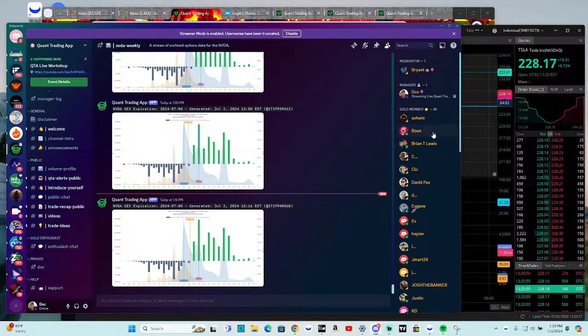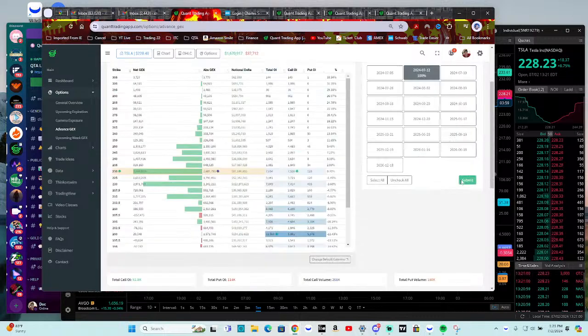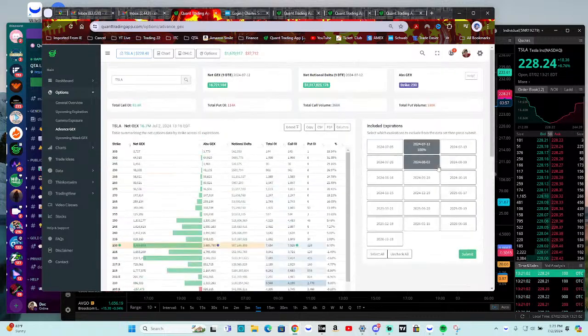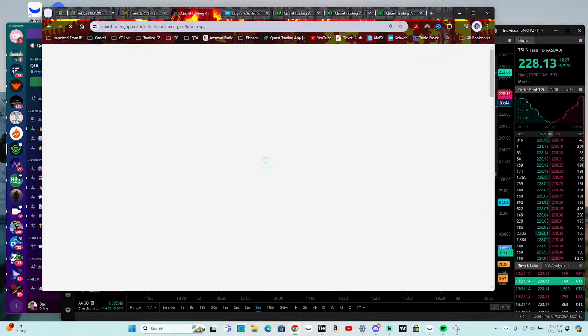So if you're a swing trader, you might get really used to using the advanced GEX because you can highlight what expirations you want. If you're a day trader, you might just put on the Friday expiration. If you're a day trader and you trade the SPY, you'll want to take notice that there are the 0 DTE expirations on the SPY.